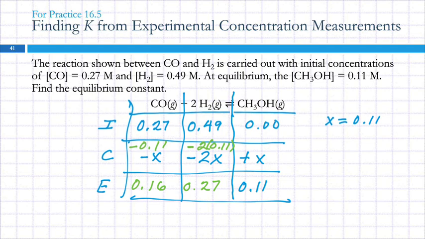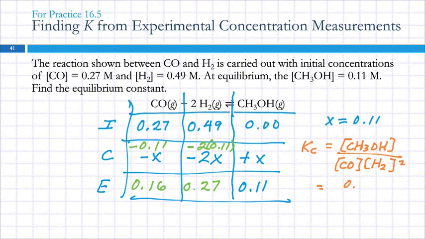How do we find the equilibrium constant? We write the expression and plug in the equilibrium concentrations. Kc is equal to the concentration of the product divided by the concentration of the first reactant and the second reactant.